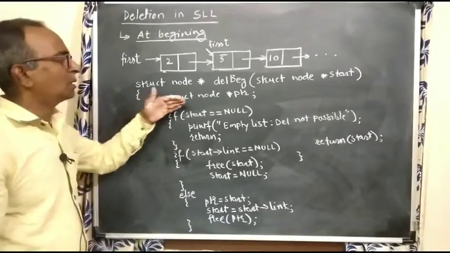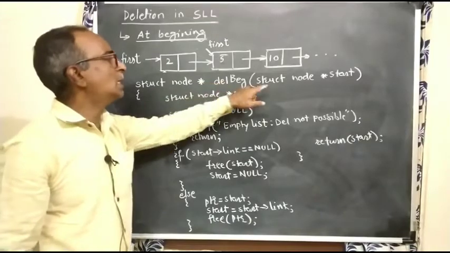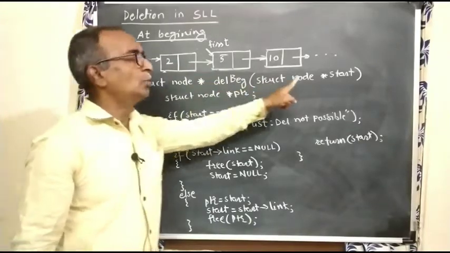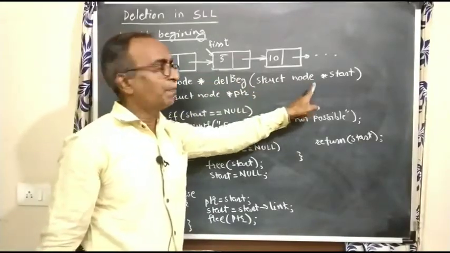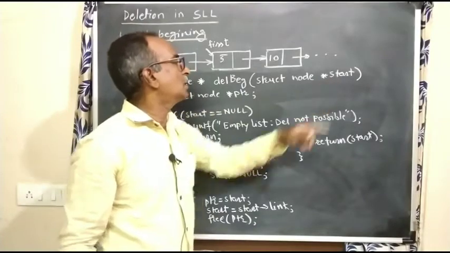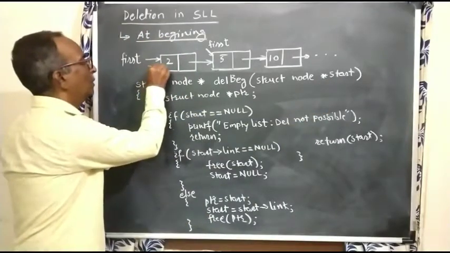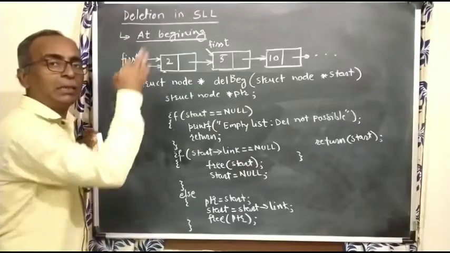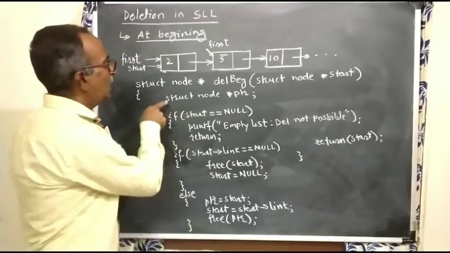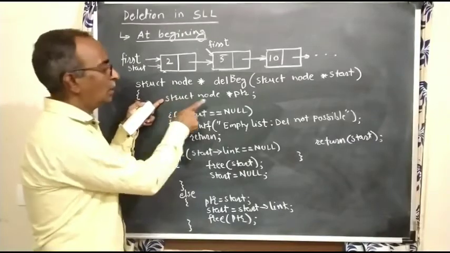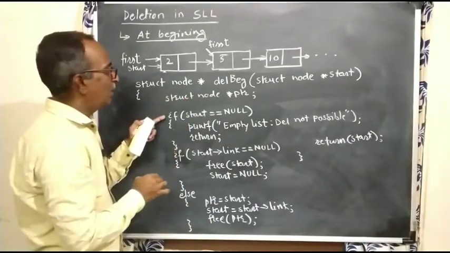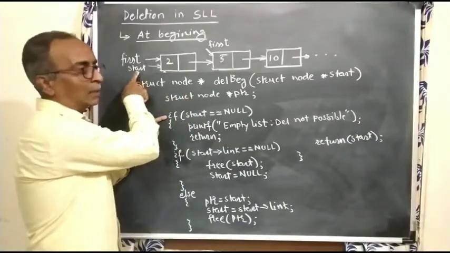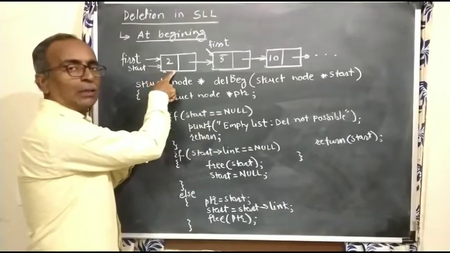See, whenever this function is called, we are sending the first address to this function. That address start will come here. So start is also pointing to whatever linked list was created already. When control comes here, one pointer variable is created. Whether start is null or not null.